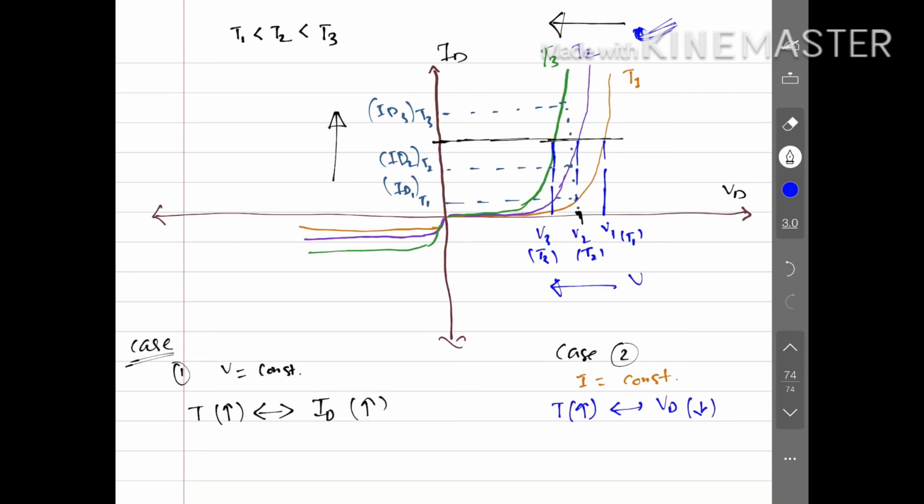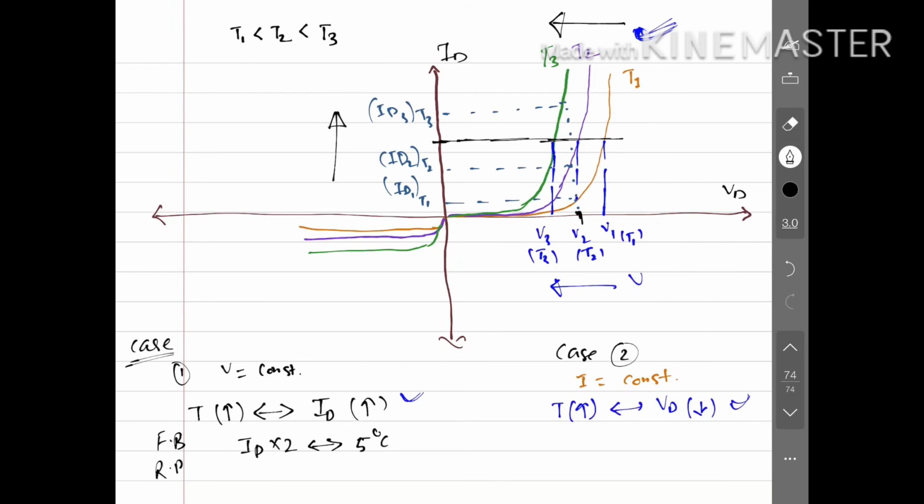of the diode. So quantitatively, for case 1, when voltage is constant, in forward bias your current doubles at every 5 degrees centigrade.